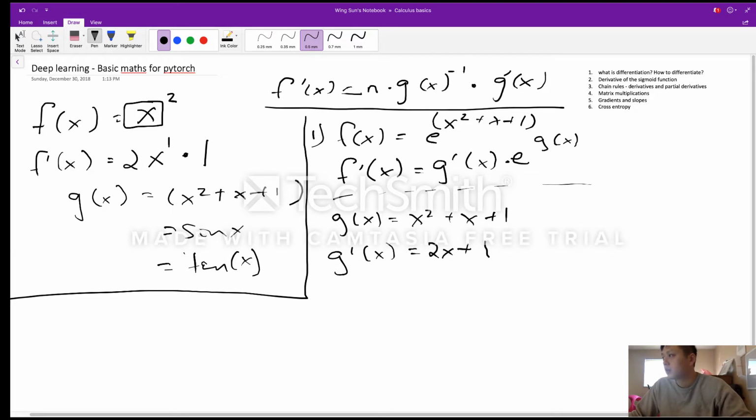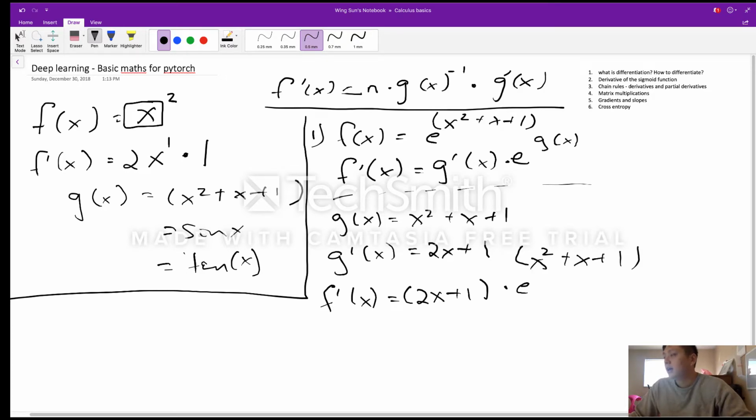So all you gotta do is just plug it back. So f prime of x is equal to, put a bracket in, 2x plus 1, multiplied by the e to the x squared plus x plus 1. Simple as that.